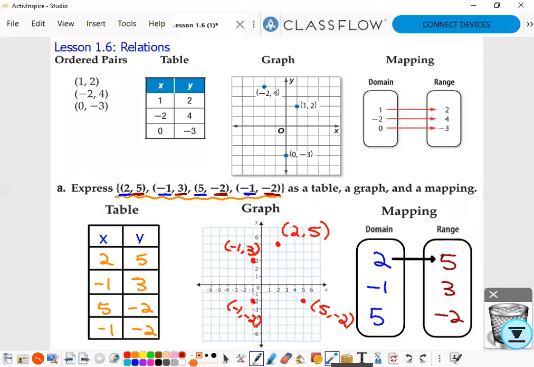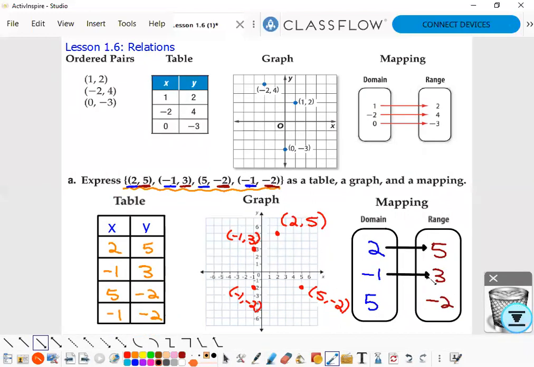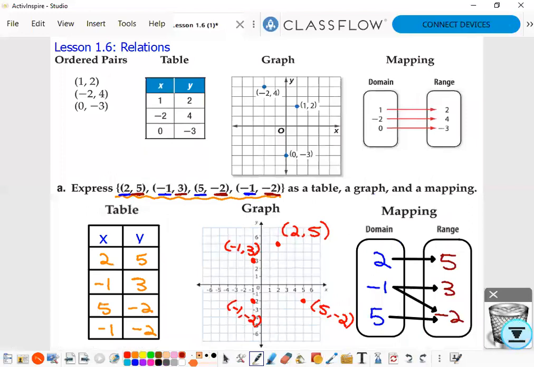Next up, I got -1, 3, so I'm going to draw an arrow from -1 over to 3 with the arrow and not just a pen. -1 over to 3, there it goes. Then I have 5, -2, so 5 goes over to -2, and -1, -2. So I'm going to go back up to my -1. I'm actually going to have another arrow coming out of that, and it's going to go to the -2 as well. So there's my mapping all filled in.